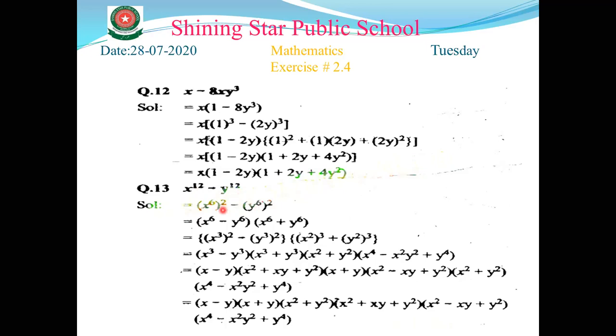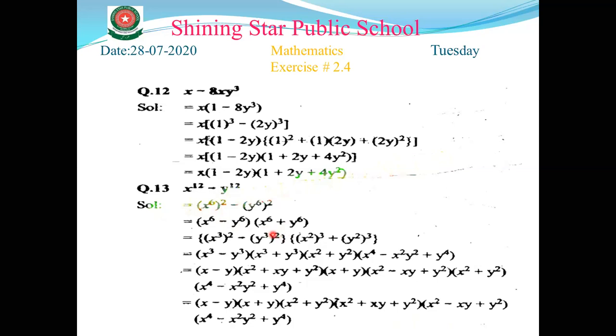Now a square minus b square, all of you know very well the formula: a square minus b square is equal to (a minus b)(a plus b). So that's why we write (x power 6 minus y power 6)(x power 6 plus y power 6).